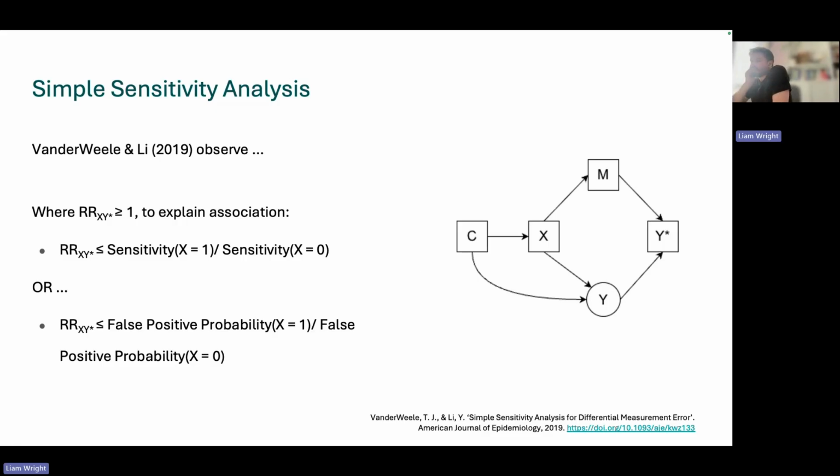Now, our setting's slightly different because we're also saying that x might be a cause of differential measurement error. However, this is due to mode selection. So it's mode itself that is the cause of measurement error. That is the mode effect. But there is differential measurement error because x is a cause of mode selection, and then this goes on to have a mode effect.